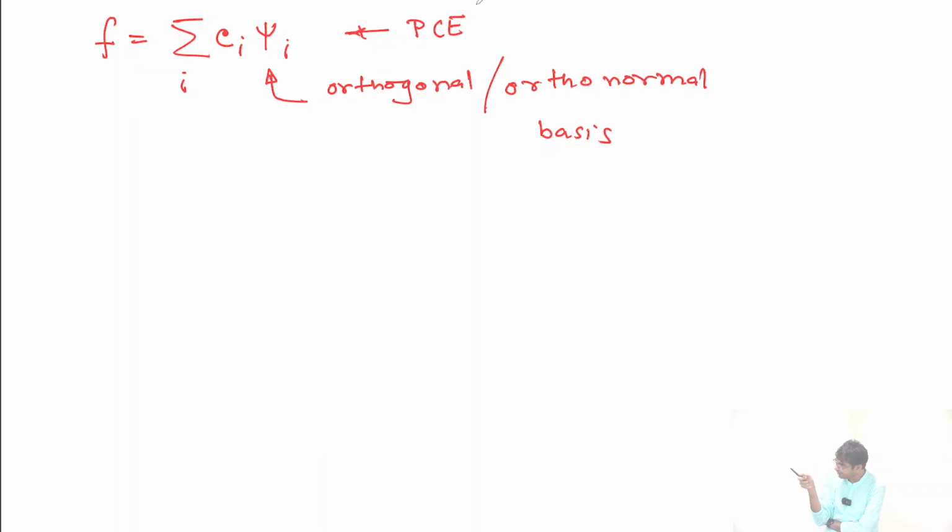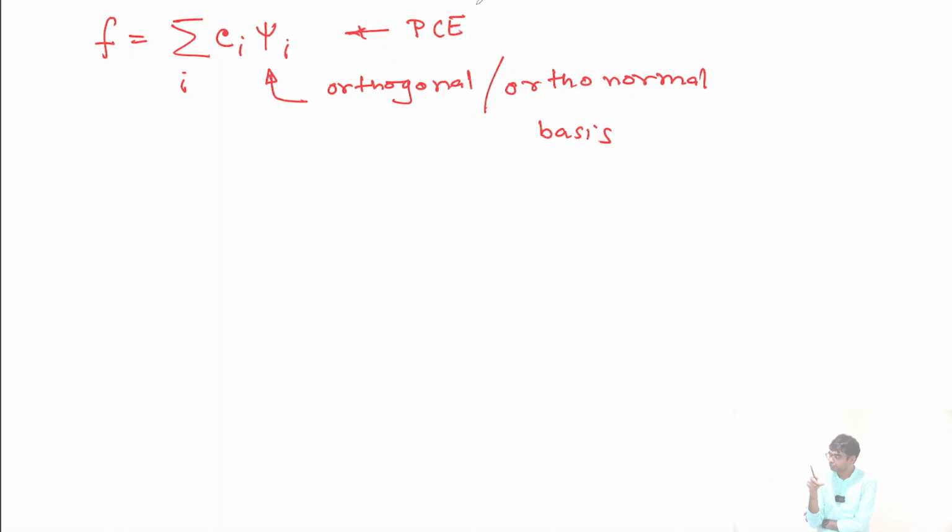If I do an inner product of f and psi j, what will you get? Inner product of a vector with a basis function gives you the magnitude of its projection, right? That's what you will get. I'm not doing it today. I'll prove it next time. That will hold because psi i is the orthonormal basis, and it will hold the property of an orthonormal basis.